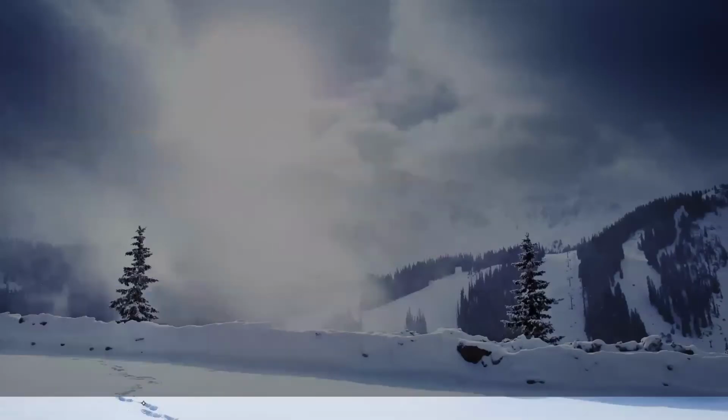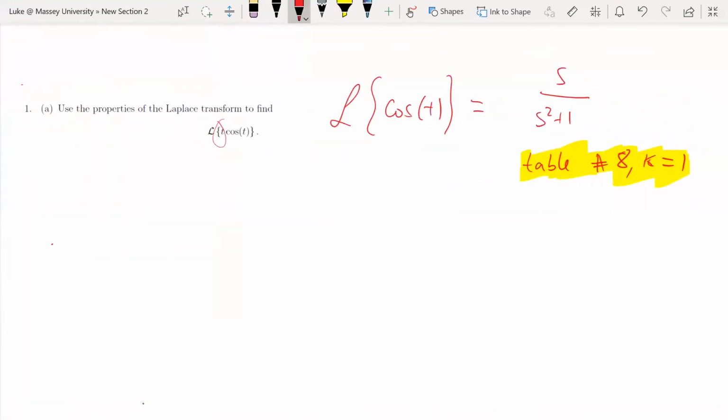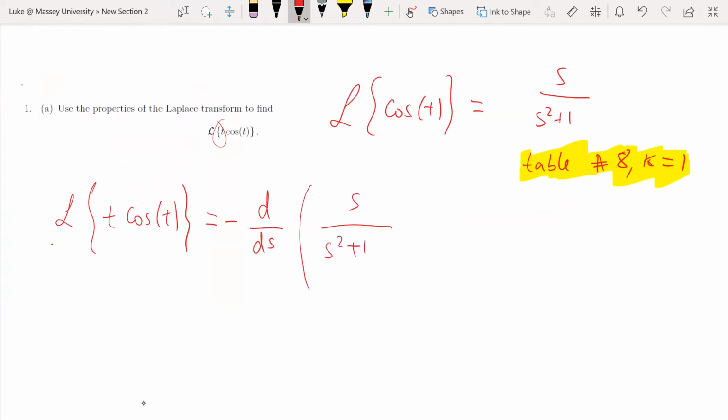Therefore, the Laplace transform of t times cosine t is equal to negative d by ds of s over s squared plus 1.